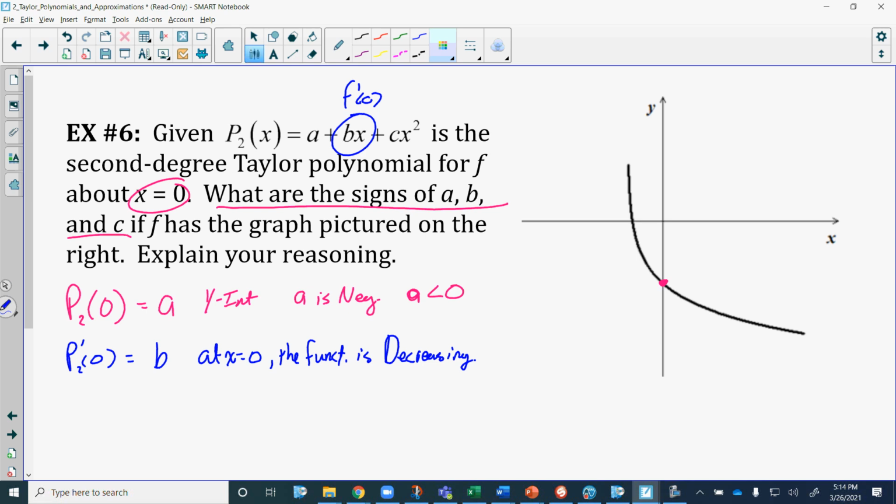So, if the first derivative is decreasing, then that tells me that the function itself must be below the x-axis. That's going back to things that we saw with our first derivative test. So b is negative, or b is less than 0, depending on how you want to think about it.